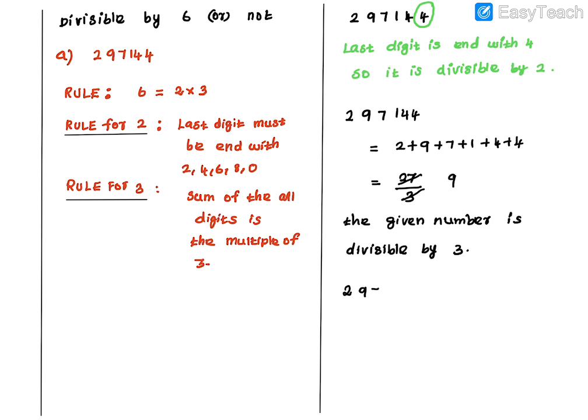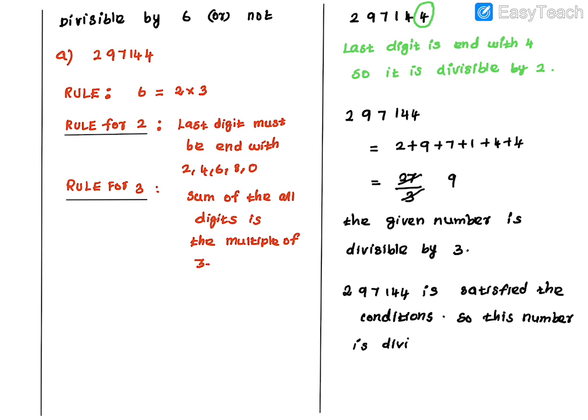So 2,97,144 satisfies the two conditions. So this number is divisible by 6.